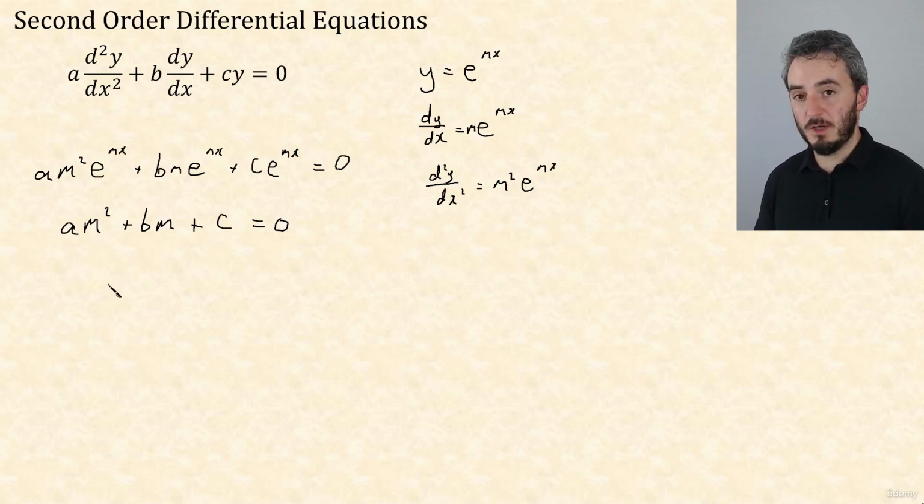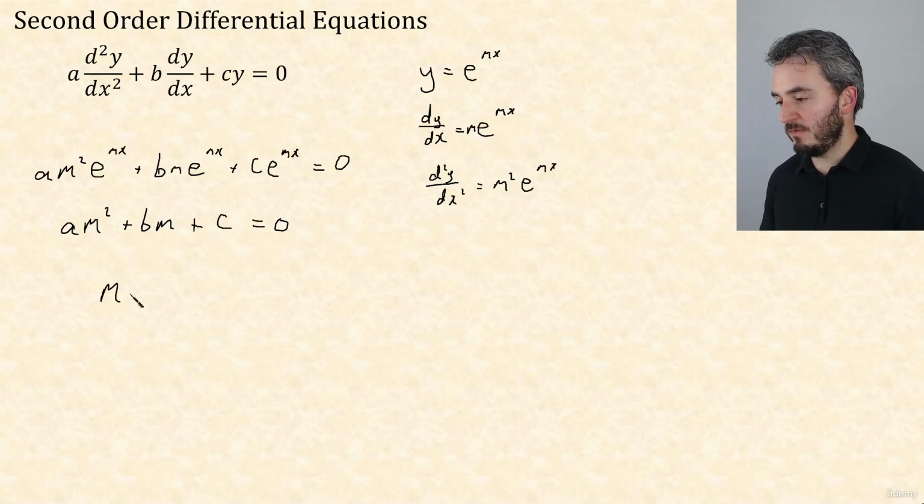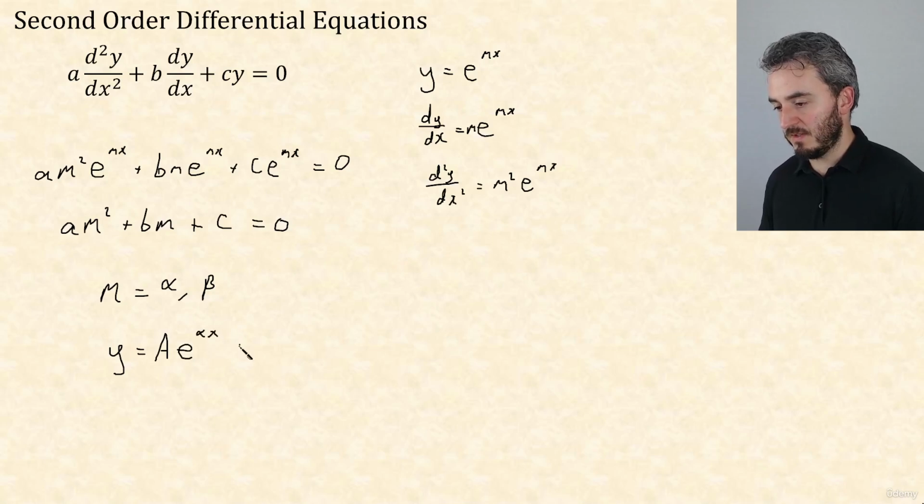They're going to give you the coefficients of x. So typically, if your values of m are two real numbers, alpha and beta, the solution is going to be y equals any amount of e to the alpha x plus any amount of e to the beta x.